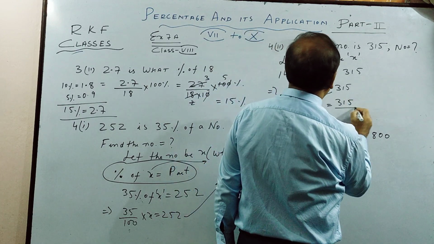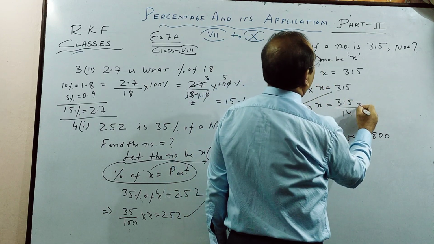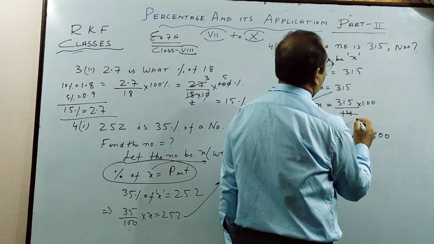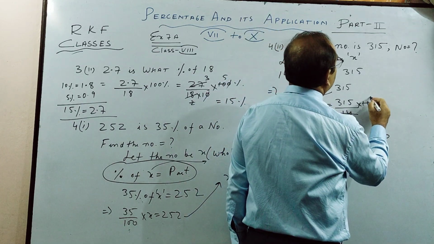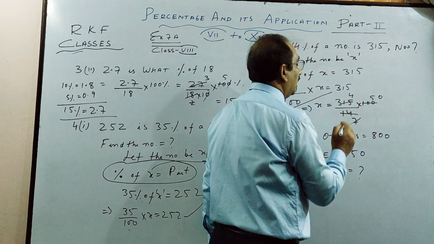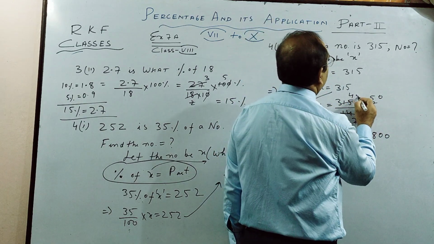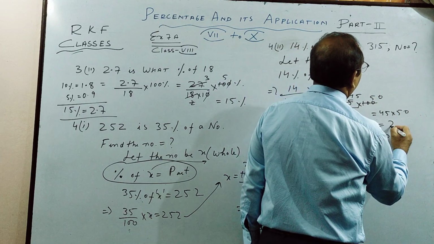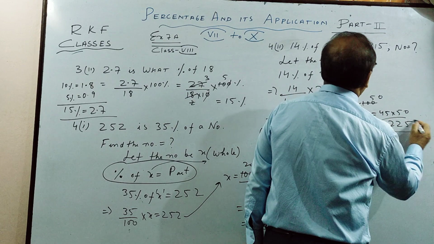And 14 will go down and 100 will go up. So when you cancel it by 2, this will be 50, and 7 if you cancel, 7 4s are 28, 7 5s are 35. So we get 45 into 50, which is 2250, children.